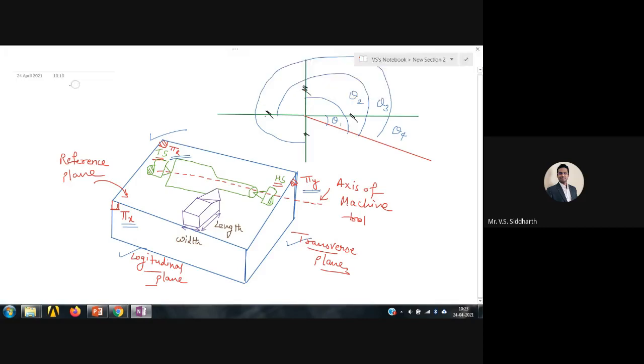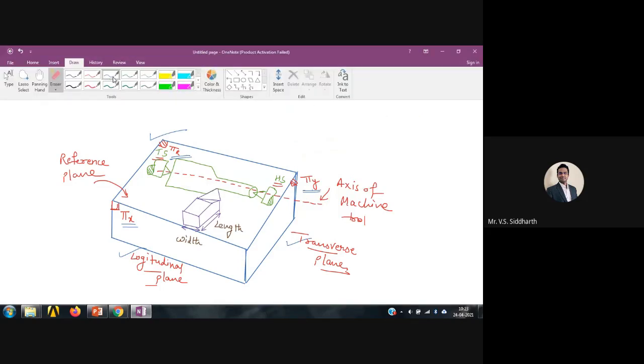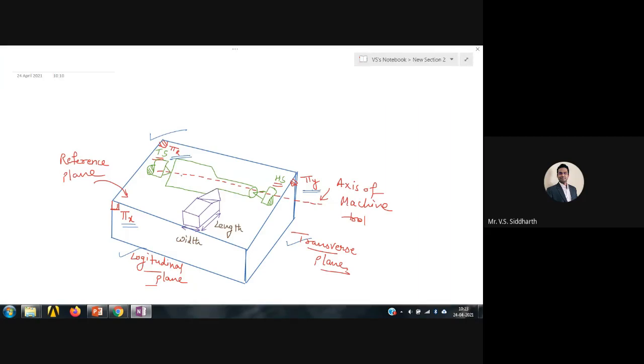That's why I have taken this much time in explaining that concept, because when we discuss the ASA tool signature in detail, you may not face any difficulty. So basically what I meant to say is, here I will keep the axis.